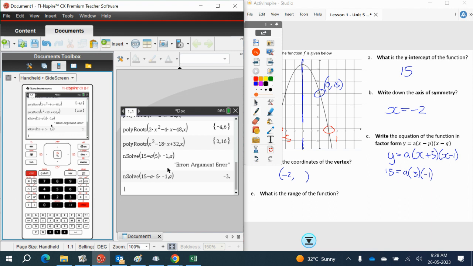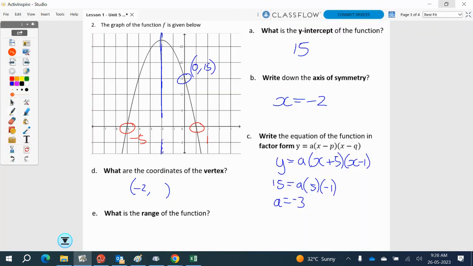So I needed the extra multiplication symbol. This gives me a equals -3. So our equation is y equals -3 times (x plus 5) times (x minus 1).